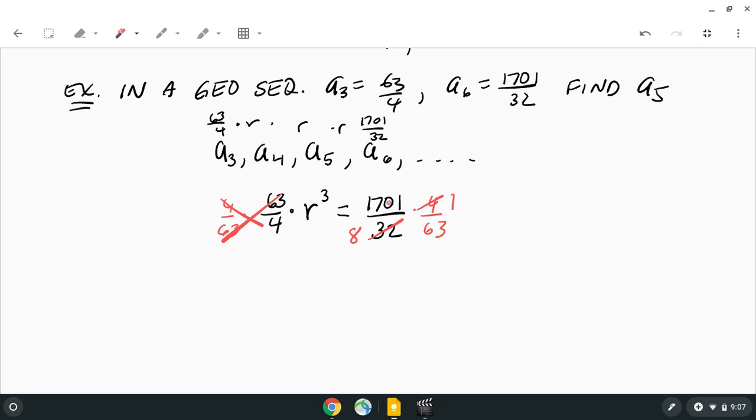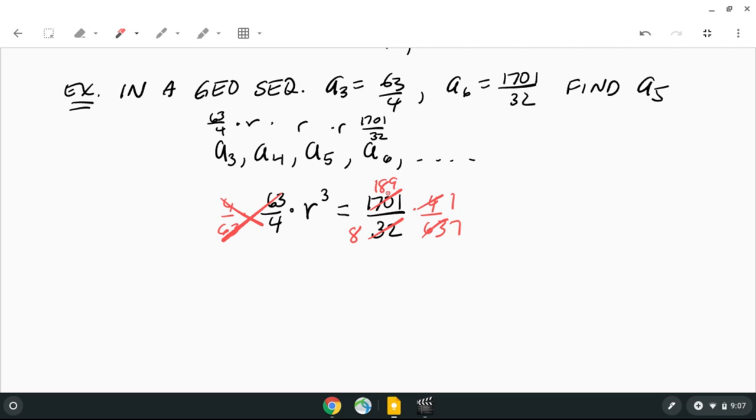So both of these are divisible by 9: 9 times 7, and 9 times 189.